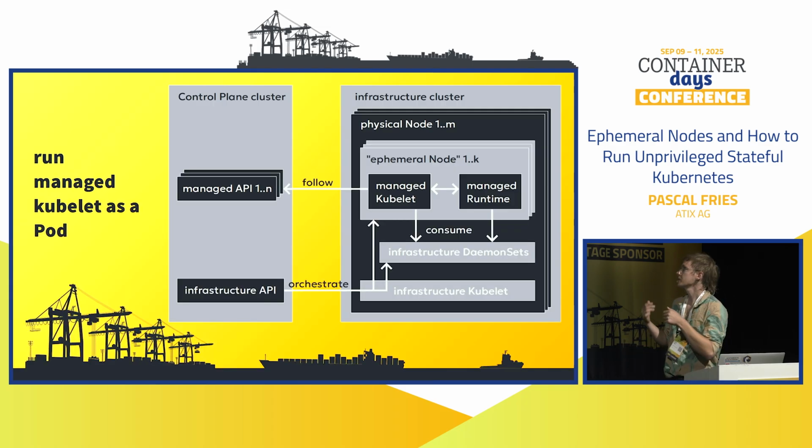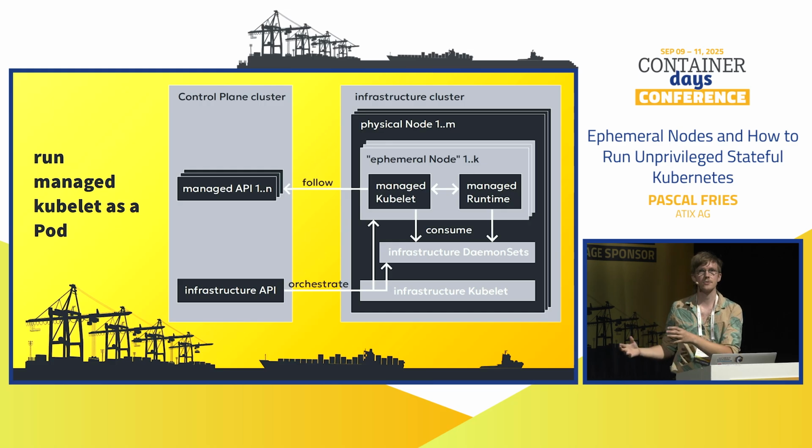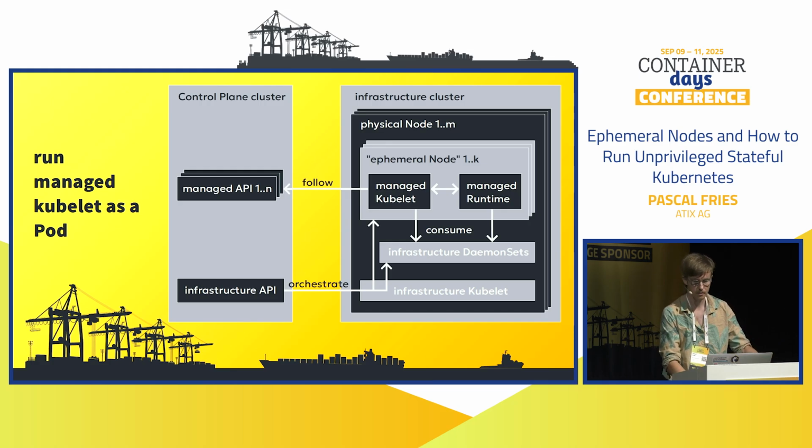So this is a big graphic, and I'm sorry about that. But the general idea is we run the kubelet of the customer cluster as a pod in an infrastructure cluster. So we have an infrastructure cluster in addition to our control plane cluster. Does that work? Yeah, great.